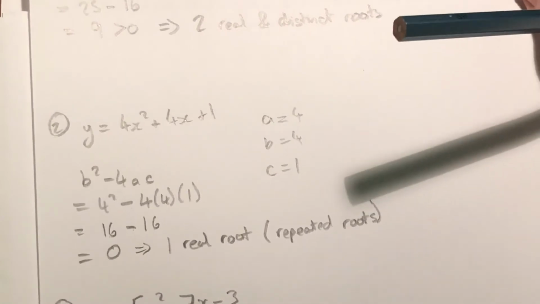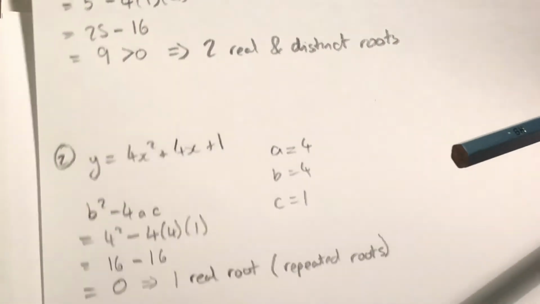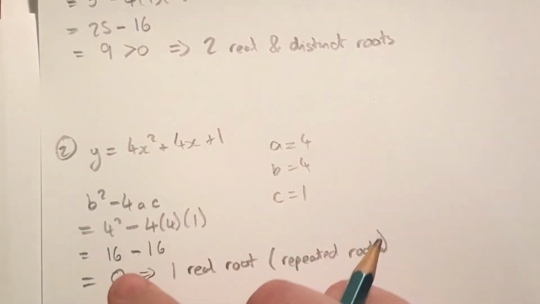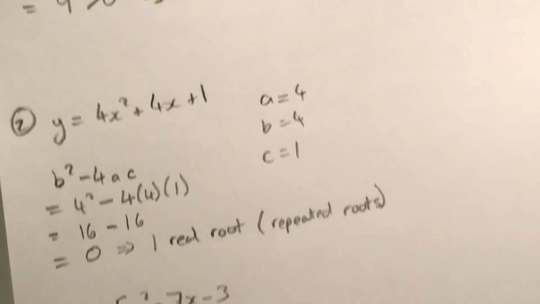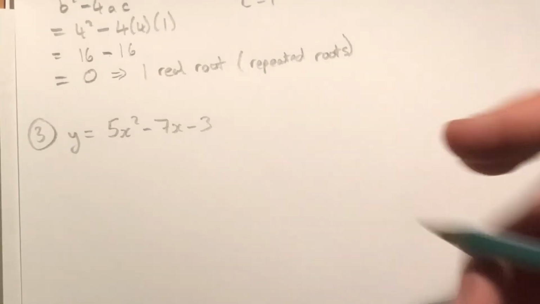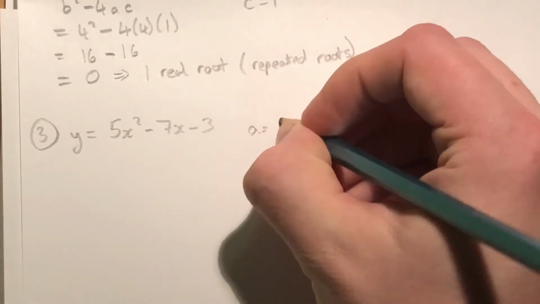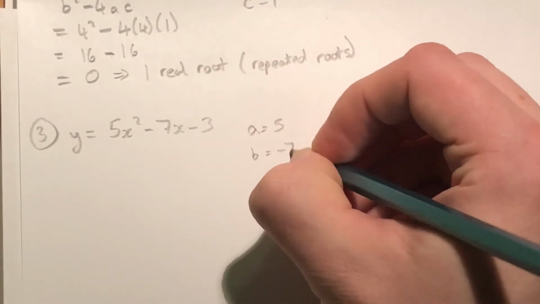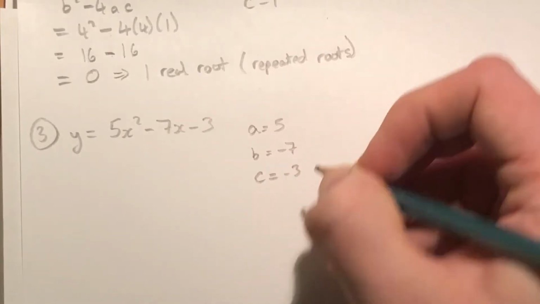Okay. And the third example, well, you can probably guess. We've had one that's greater than 0. We've had one that's equal to 0. So no harm in guessing this is going to be less than 0. But we have to prove it anyway, guys. So a equals 5, b equals minus 7, and c equals minus 3.